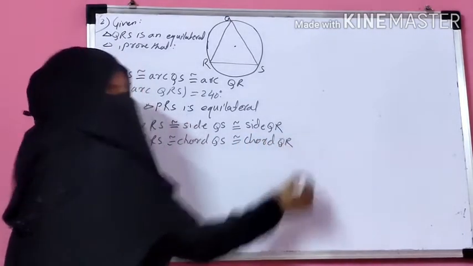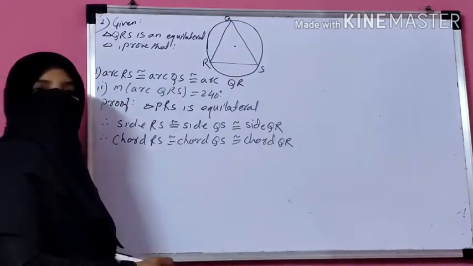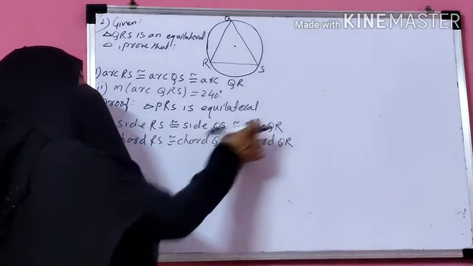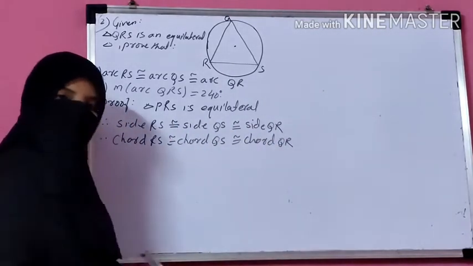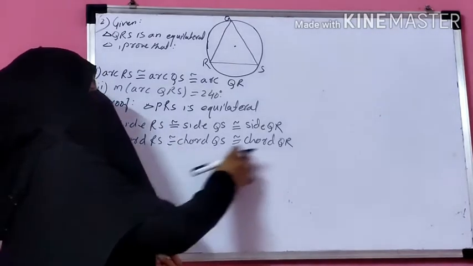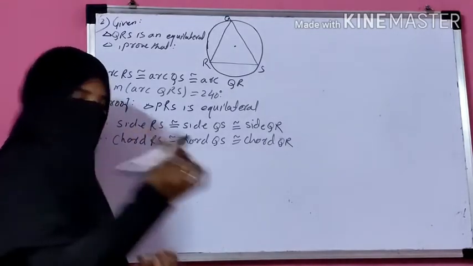The sides of the triangle are the chords of a circle. So side RS, side QS, side QR form the chords of a circle. And just now we discussed that if chords of a circle are congruent, then the arcs corresponding to them are also congruent.